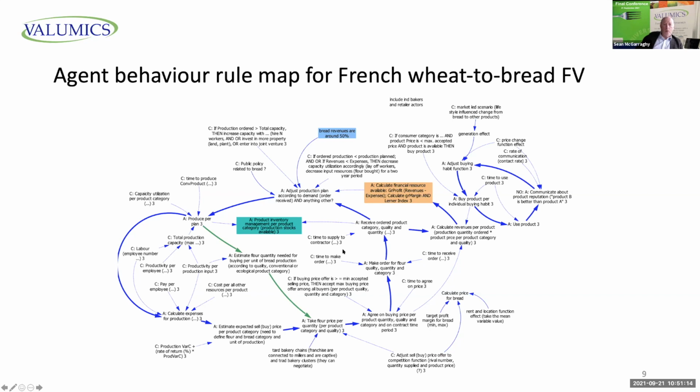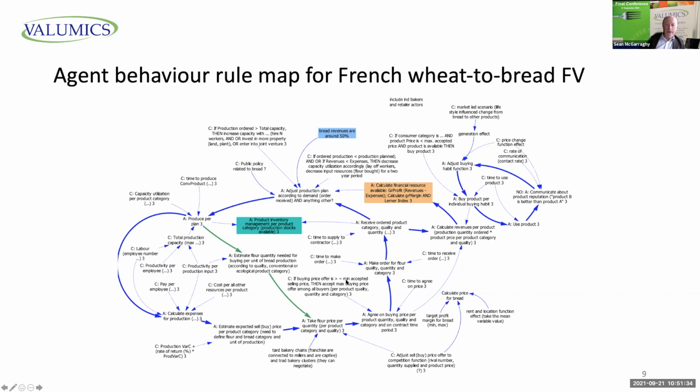So what are the decisions an agent may need to make? Well, for example, down here: if the buying price offer is greater than or equal to the minimum accepted selling price, then accept the maximum buying price offer among all buyers per product quality.